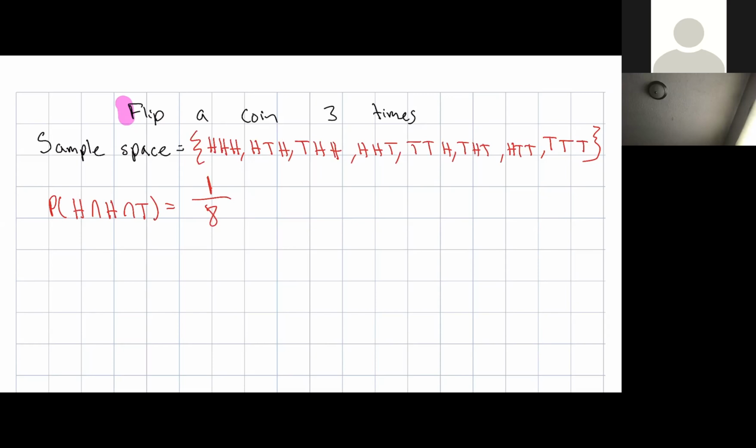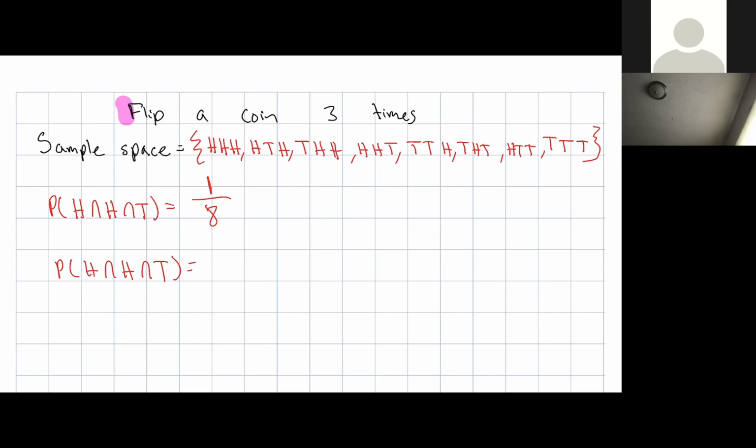But there's actually an easier way to do this. The way that we could do this is by using the multiplication rule. So we're going to find the probability of H and H and T. Because first off, when I flip the coin 3 times, are all of the flips independent from each other?